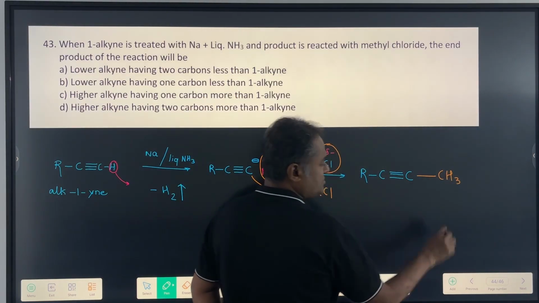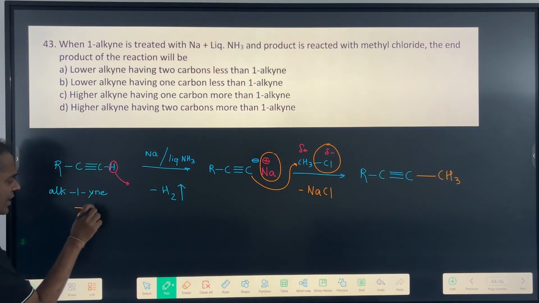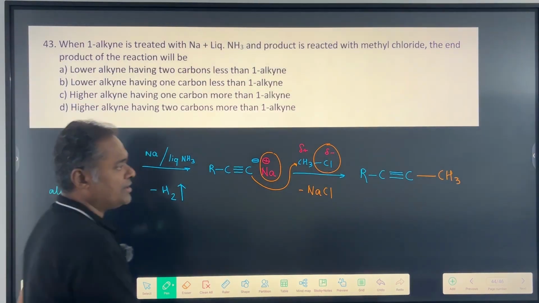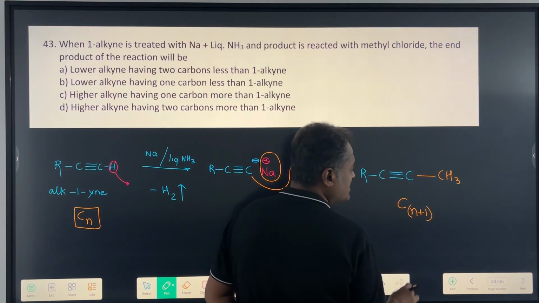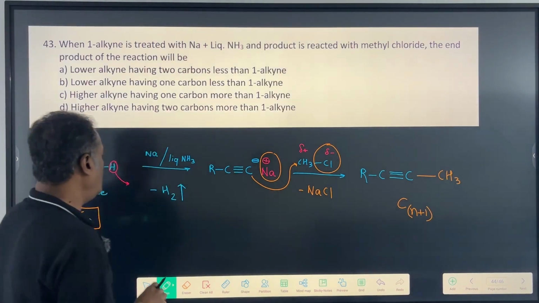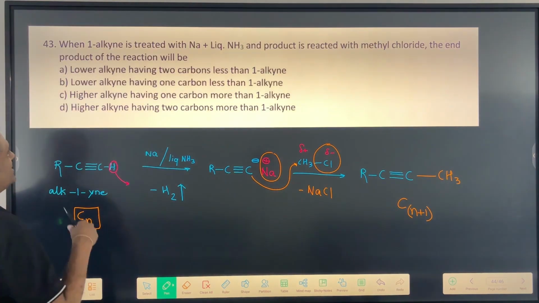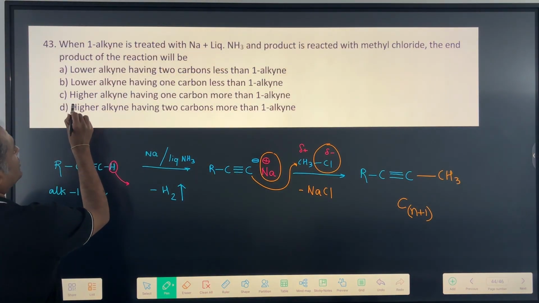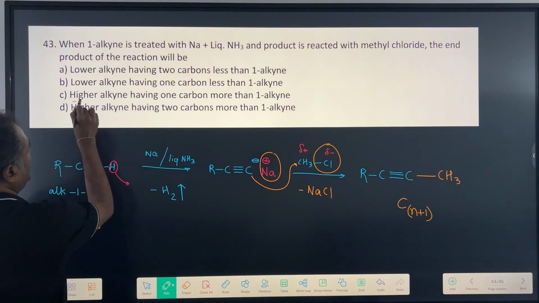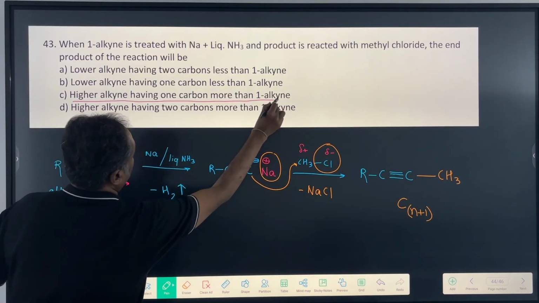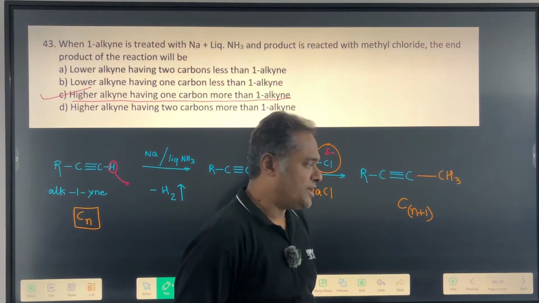If you noticed, let's say this contains n number of carbon atoms, here you will have n plus 1 carbon atoms. That means in this reaction lower alkynes are converted to higher alkynes, having 1 carbon atom more. This is the correct option. Is it clear, child? Hope so.